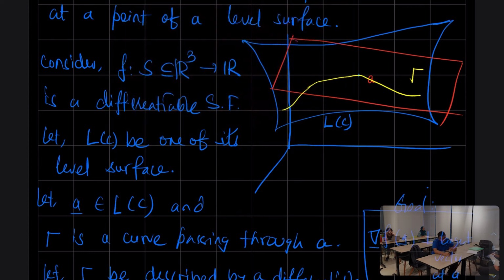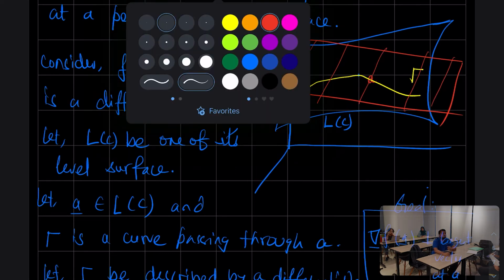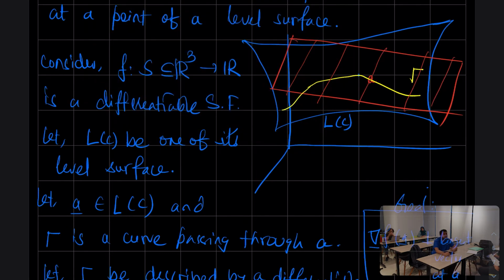Let me try to get the geometry straight. LC is the blue surface, and the red surface is a plane. I haven't defined it yet. The point is there. The yellow line is contained in LC.